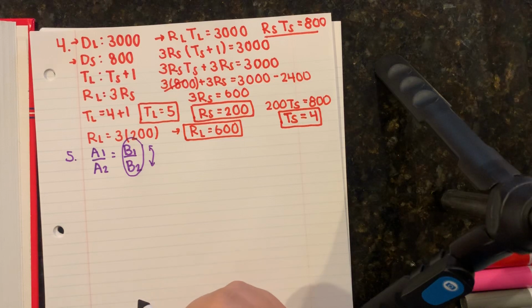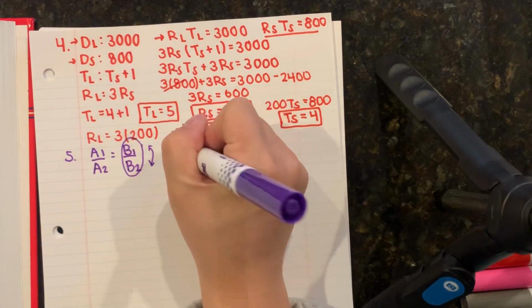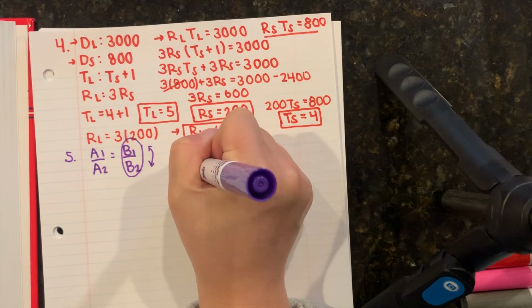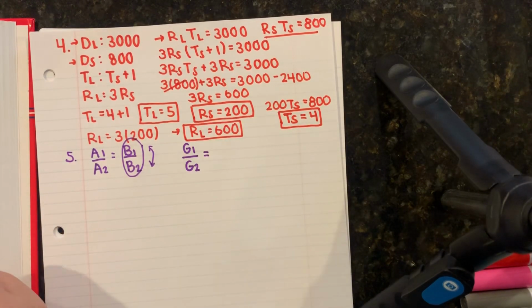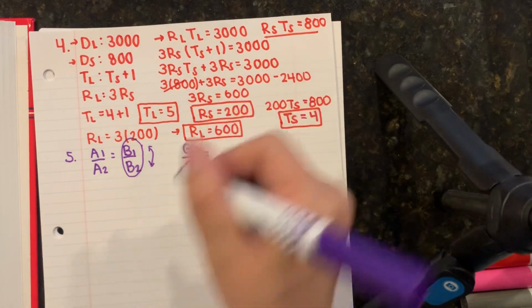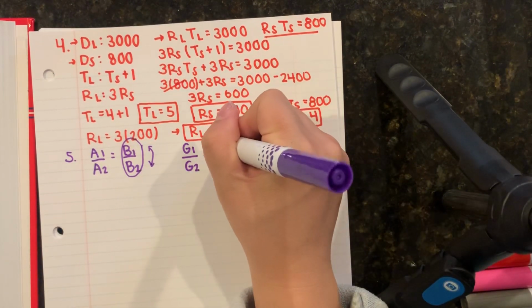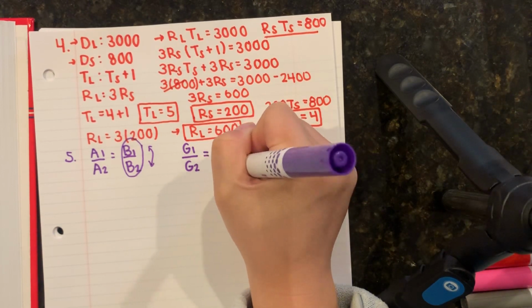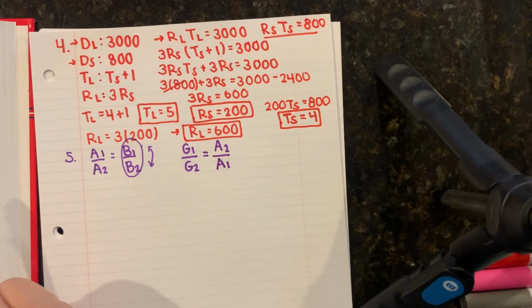So I have the number that were glabrous. So instead of A1, I'm going to use G1 over G2. And it varied inversely based off of the average age of those present, so the age. So instead of having A1 in the top, I'm going to have A2 over A1, because this is age 2 over age 1.